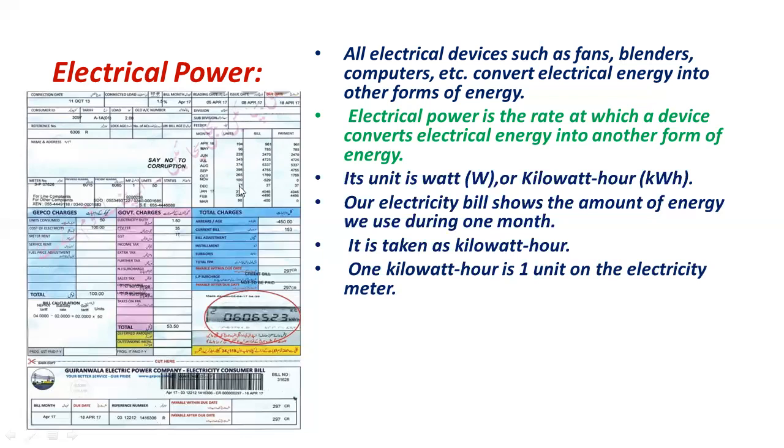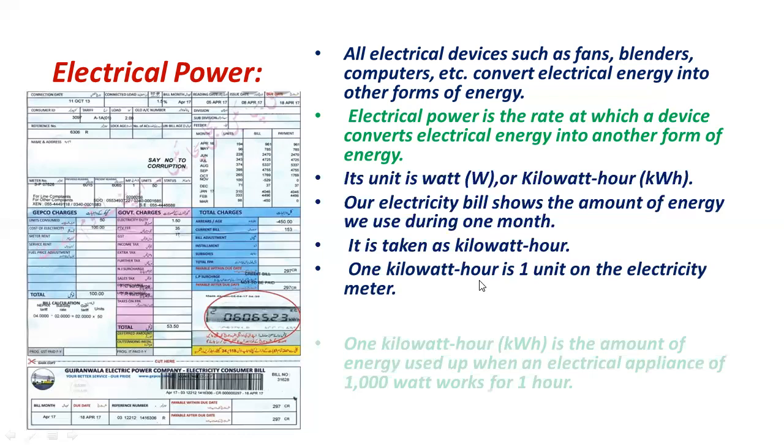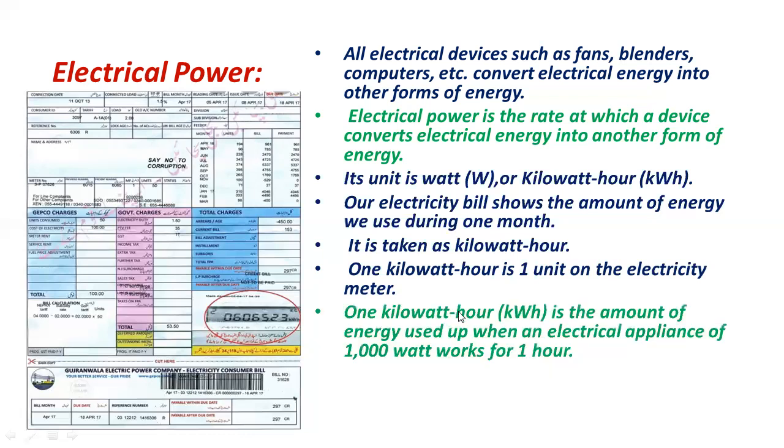So this unit of electricity means electricity in one kilowatt hour. One kilowatt hour is the amount of energy used up when any electrical appliance of 1000 watts works for one hour. Kilo, you know, means 1000. Kilowatt means 1000 watts, for an hour.